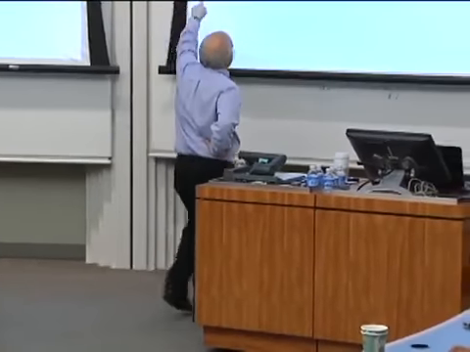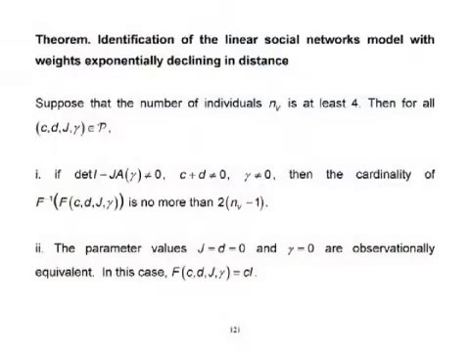What you can show is that the model isn't identified, but it has a property called complete identification, which means that there's a finite number of parameters that are consistent with the system. And you can show the cardinality is actually 2 times the population size minus 1. That's kind of an esoteric sounding theorem, but it's an example of how you would begin to make progress with partial network information.